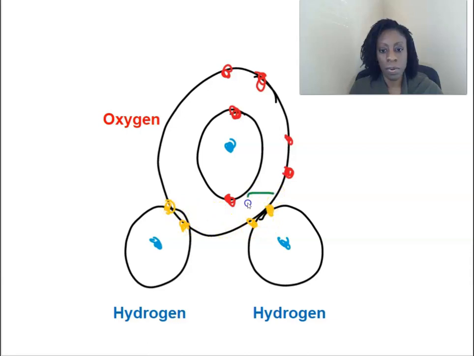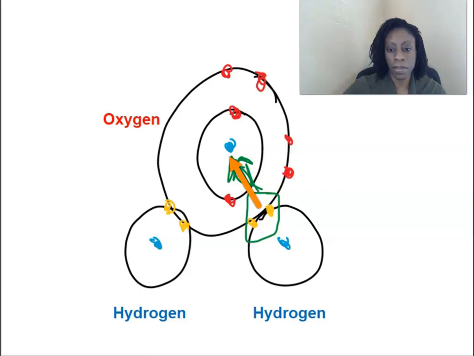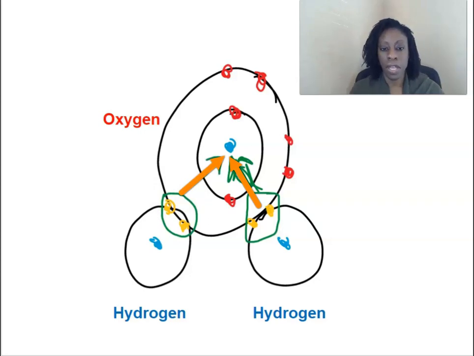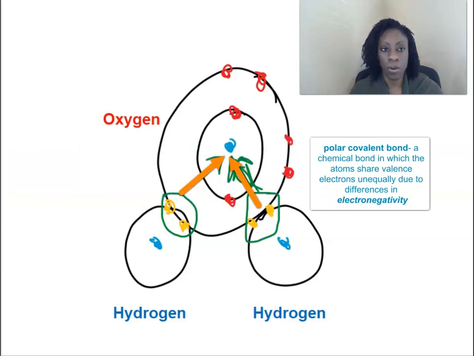So it's going to pull those electrons more closely to its own nucleus. The same here. It has a greater hold on those shared electrons than either of the hydrogens have. So this kind of covalent bond, when you have that unequal sharing of electrons, is called a polar covalent bond.